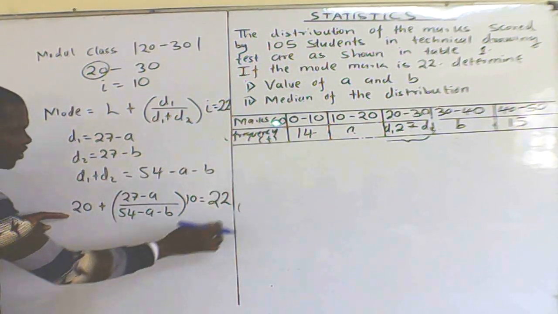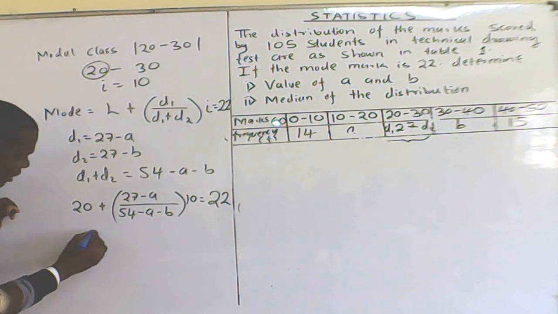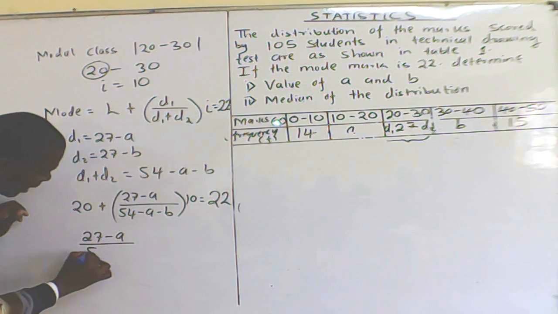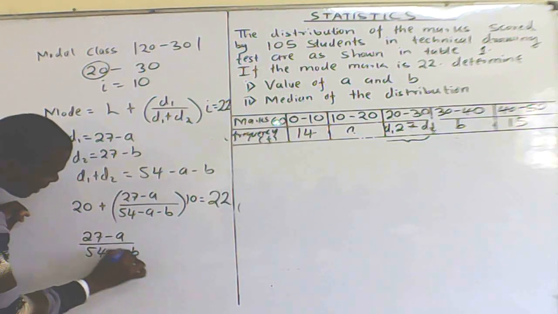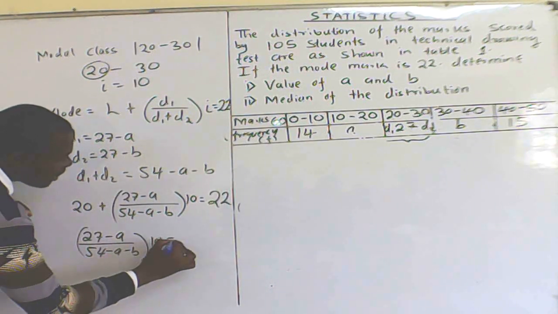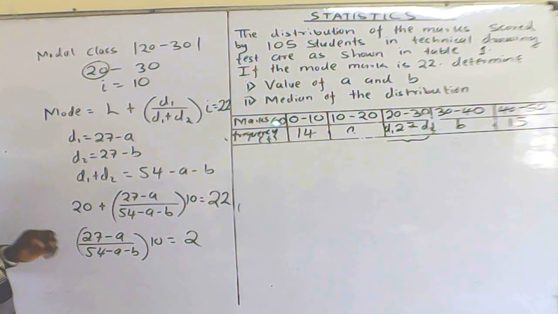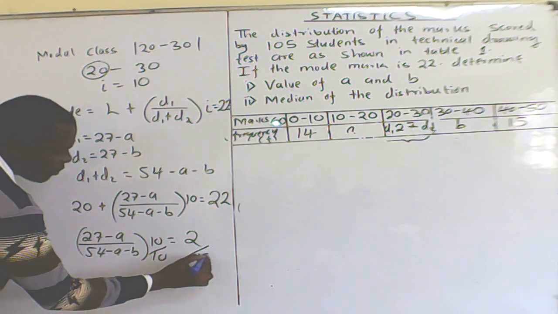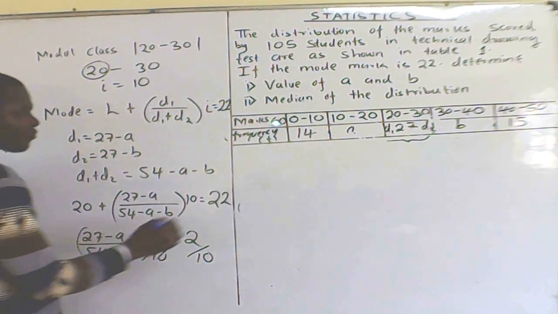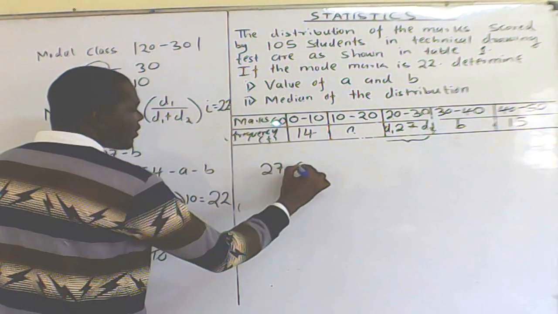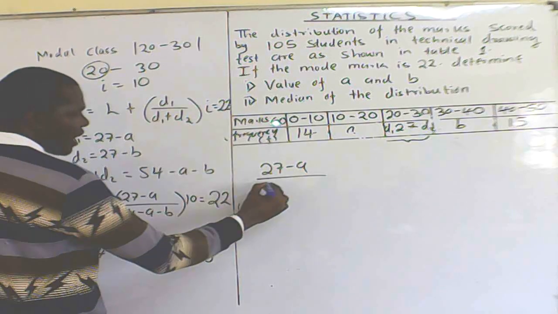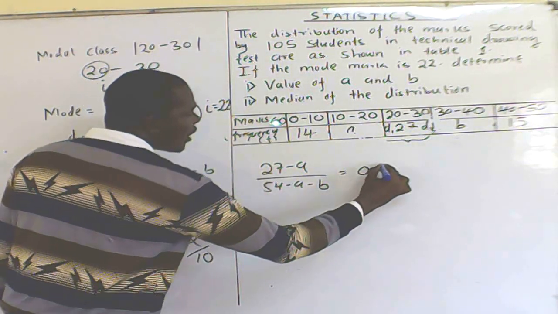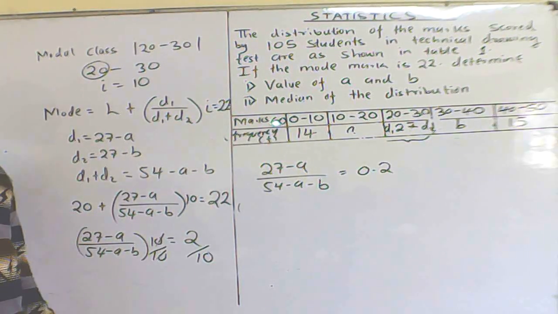The next thing, you take the 20 to the other side and subtract. You remain with 27 minus A over 54 minus A minus B, times 10, equals 2. Then you divide both sides by 10 to remove the 10. So 27 minus A over 54 minus A minus B is 0.2.